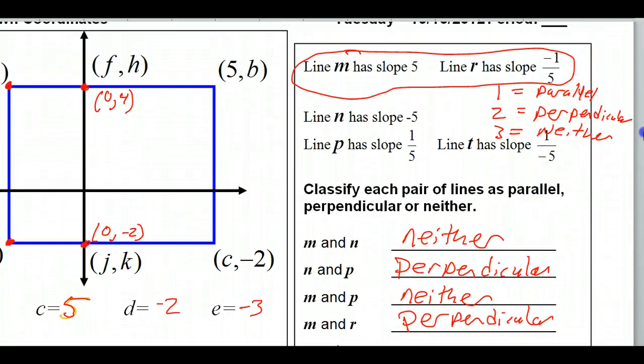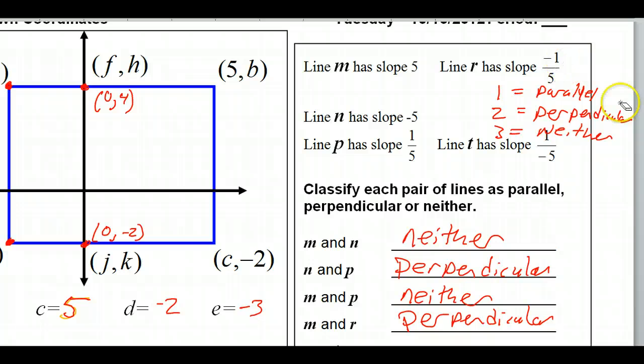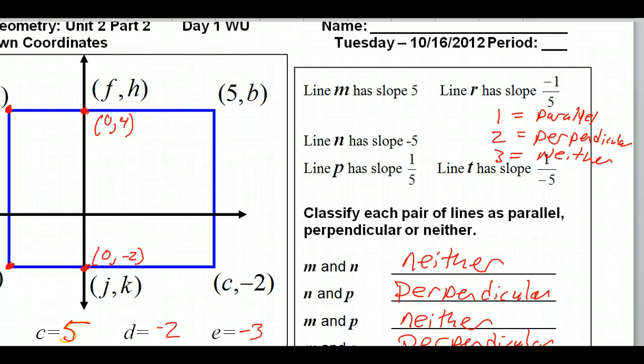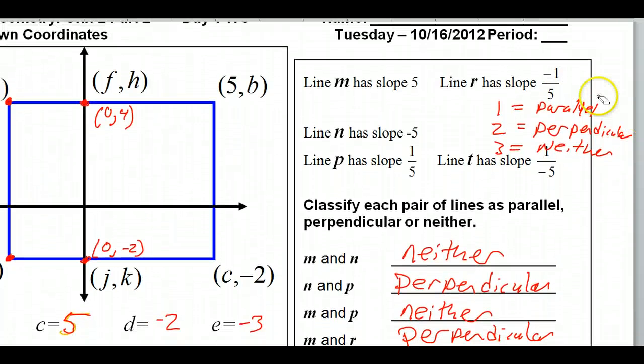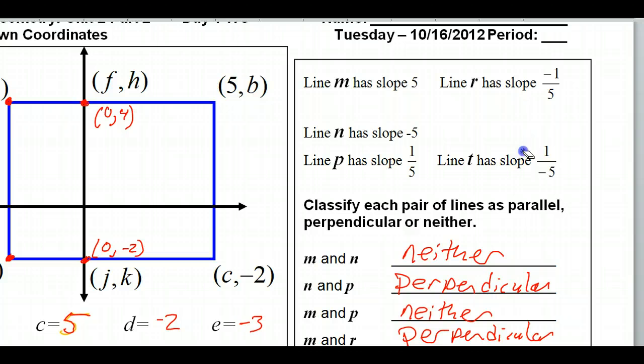Listen to this very carefully. These ones are parallel. Some people were saying neither, so I need to make sure that you understand this. We were talking about R and T.